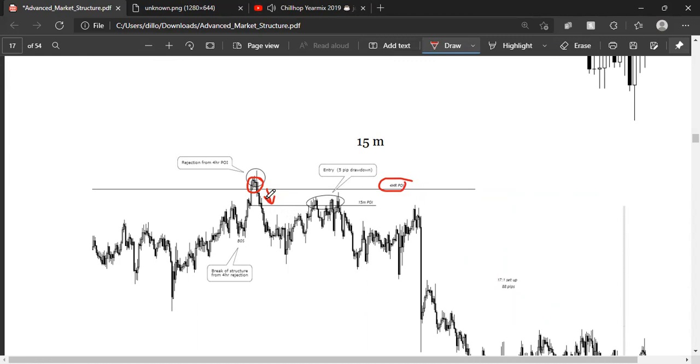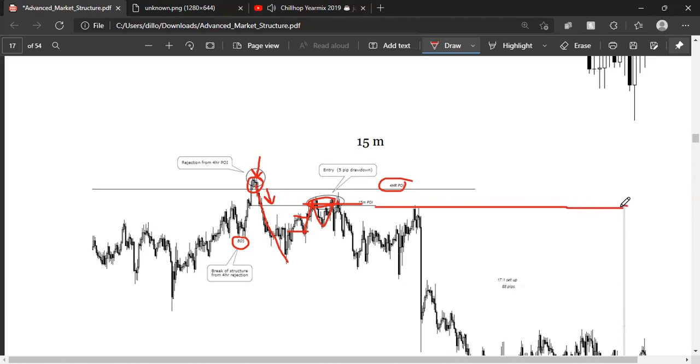But what happens when we got this rejection right here? We got a break of structure. So we're waiting for this retest to give us a break of structure, and that's what we got right here. So now we wait for this retracement to occur back into that previous broken structure, so to where we can enter.